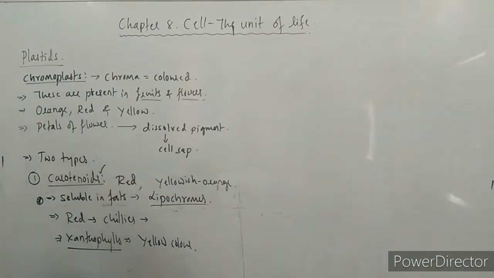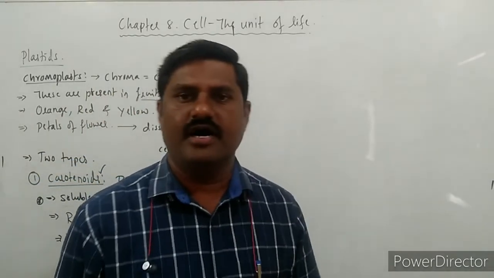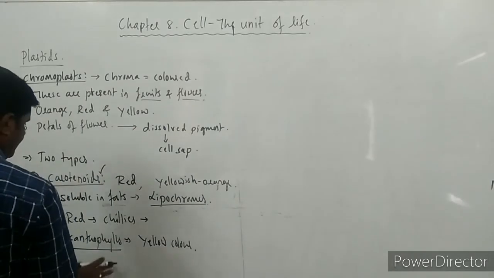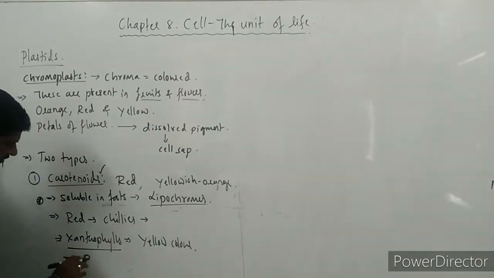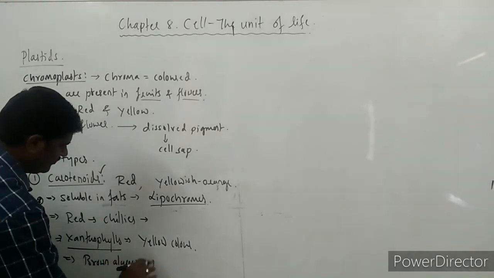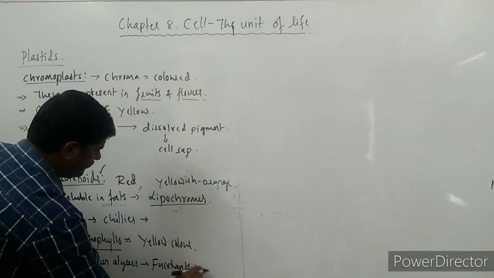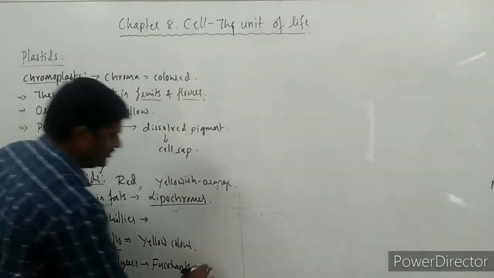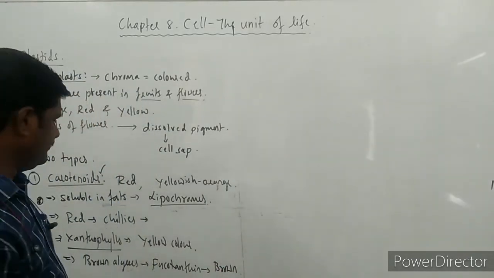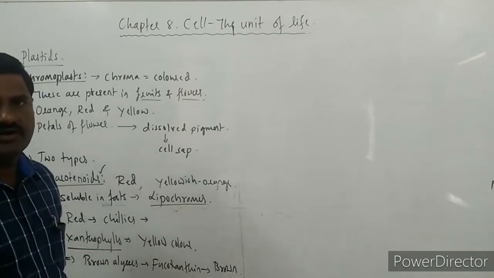As you know, in brown algae, fucoxanthin is present, which is responsible for the brown color of the algae, right? So this is xanthophyll, and these are carotenoids.